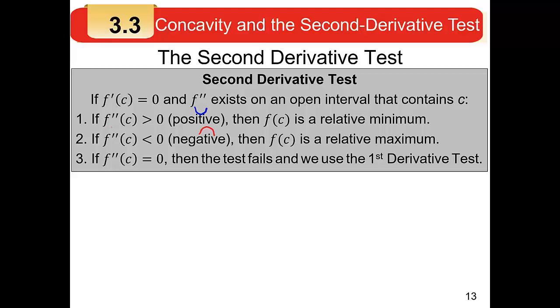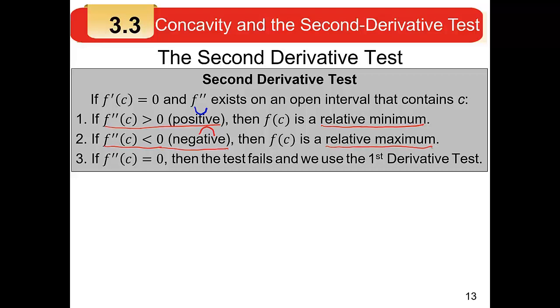So positive second derivative tells you have a relative minimum. A negative second derivative tells you have a relative maximum, because the second derivative being negative means you're in an interval of the concavity being down, and if the concavity is down, you're at a maximum.